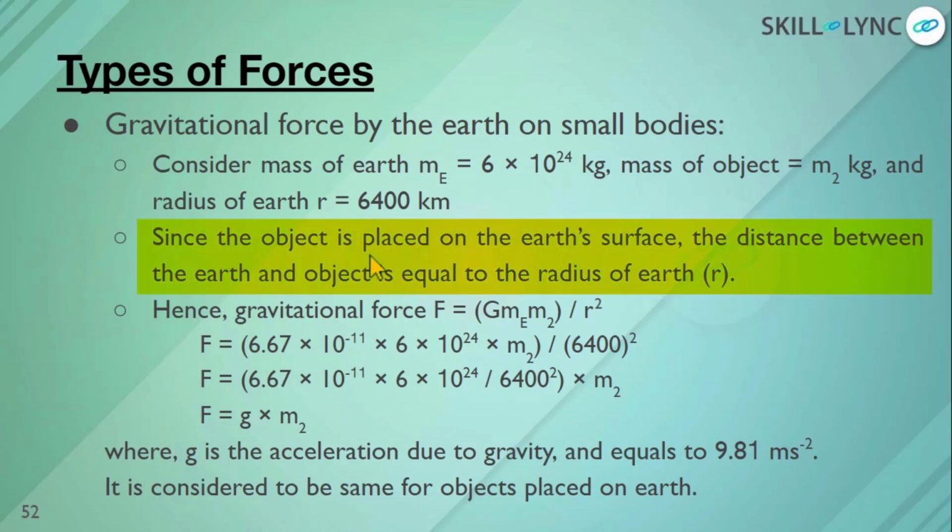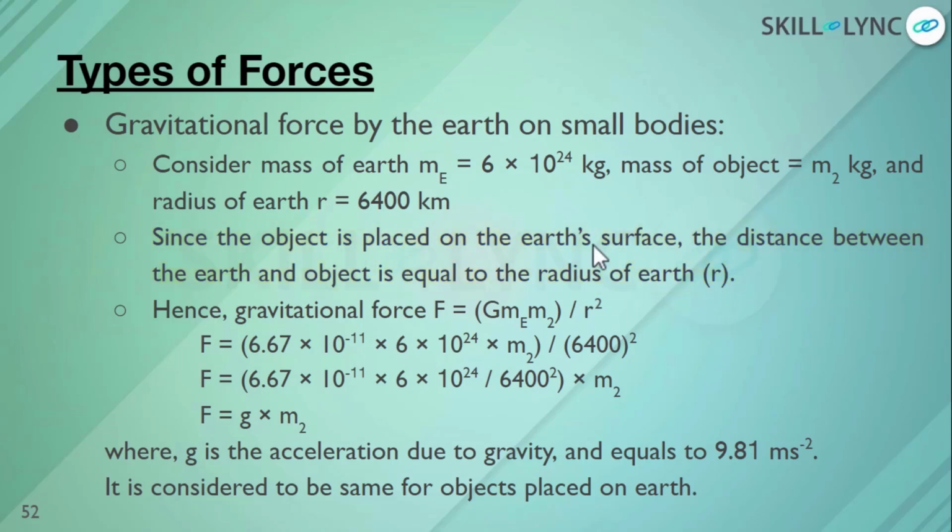Since the object is placed on the Earth's surface, the distance between the Earth and the object is equal to the radius of the Earth. Hope you have got this. The object of mass m2 is placed on the surface of the Earth. So, the center to center distance between the object and the Earth would be equal to the radius of the Earth, that is 6400 kilometer.